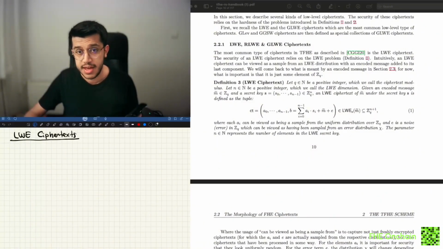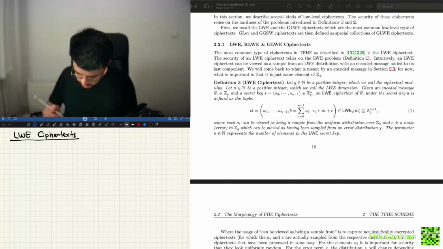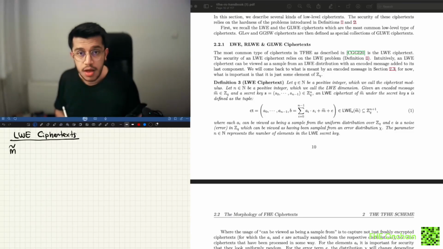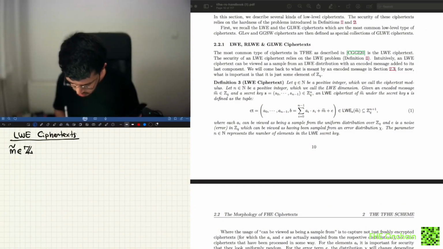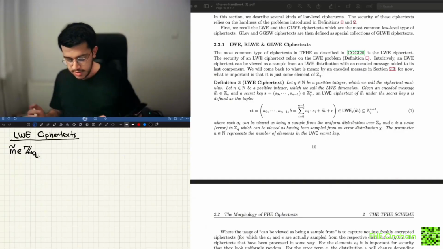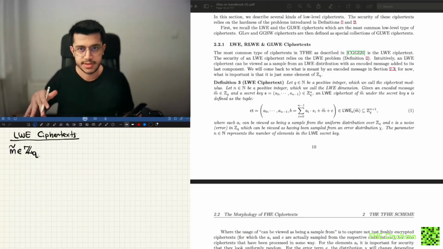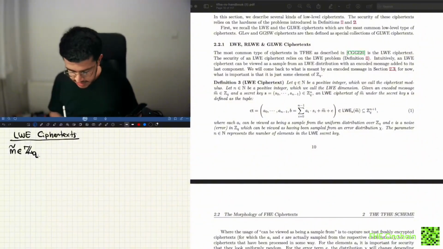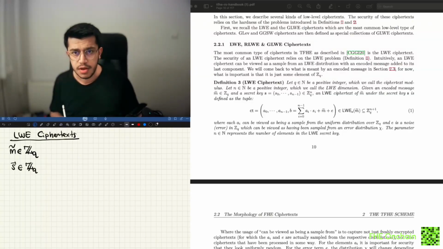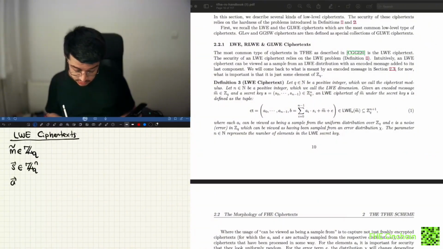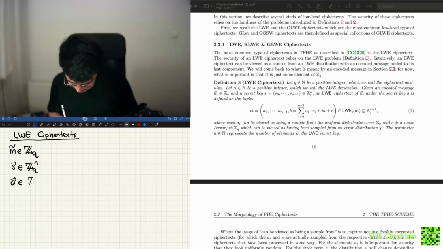Given an encoded message, M tilde, let's say, and a secret key S in ZQ^N, an LWE ciphertext of M tilde under the secret key S is defined as the tuple. So we have an encoded message from ZQ. We're assuming here that we encode a plaintext message into this ZQ element M tilde. We have the randomly sampled secret key from ZQ^N, and another randomly sampled vector A, again from ZQ^N.